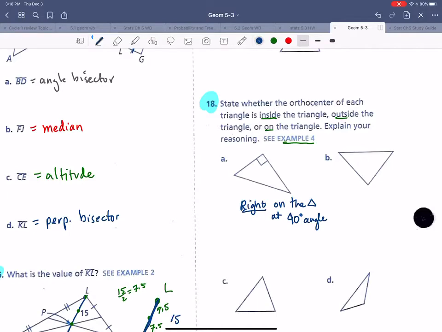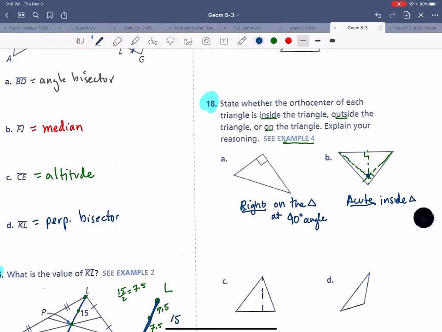Since it is a right triangle. This one looks acute, so I can kind of see the orthocenter, just drop an egg, drop an egg, drop an egg. I think the orthocenter is right there, so since this is acute, it landed inside the triangle.